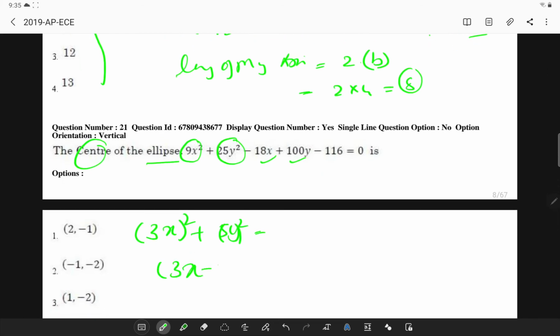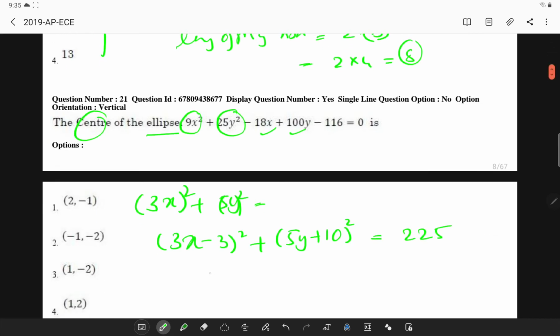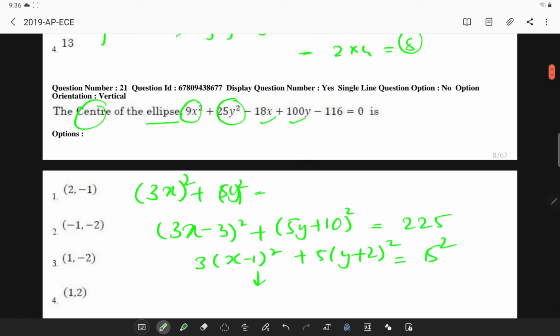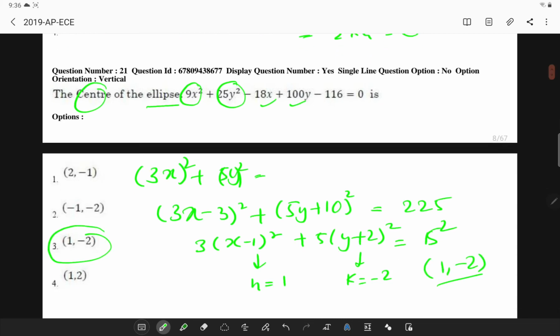So I can simply write it as (3x minus 3) whole square and (5y plus 10) whole square is equal to 225. So in this case you can simply write 3 into (x minus 1) whole square plus 5 into (y plus 2) whole square is equal to 15 square. So if you compare it with the main equation, you will be having h is equal to 1, k is equal to minus 2, and the answer is h comma k, which is 1 comma minus 2.